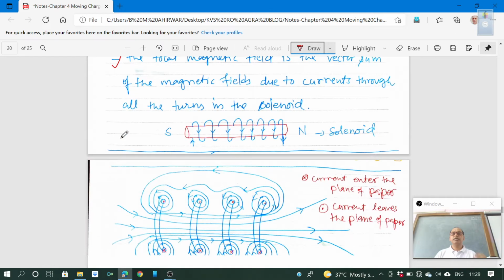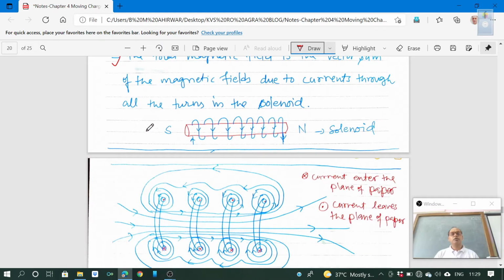So you can see this is a diagram of a solenoid. It is a long hollow pipe which is an insulator, and we can see a number of insulated wires bound on this pipe.